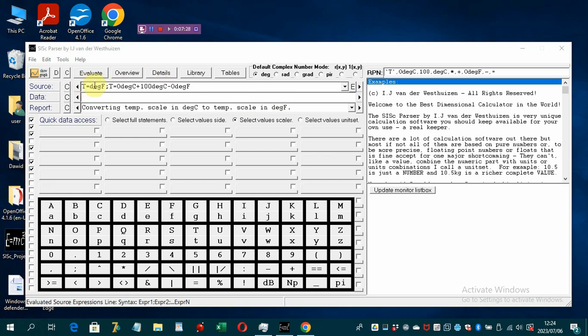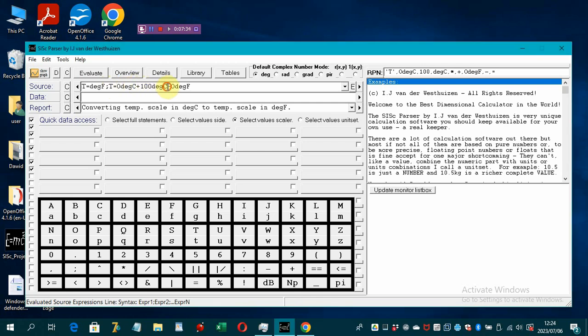You see, T equals degrees Fahrenheit equals 0 degrees Celsius plus 100 degrees C. You can put this in parentheses if you like. Let's put parentheses there, and then you understand the concept better.